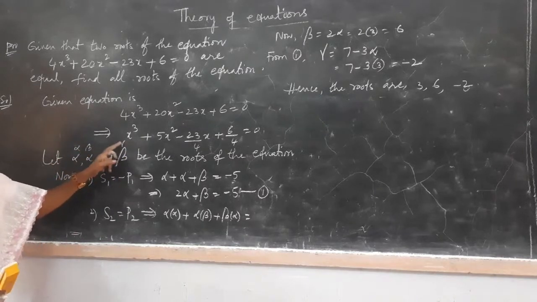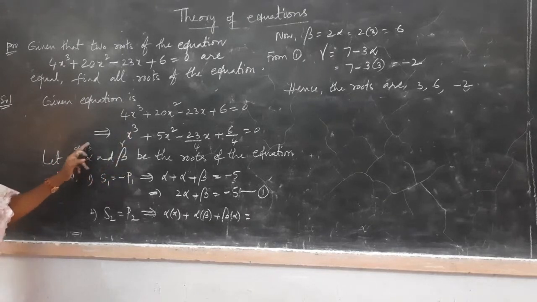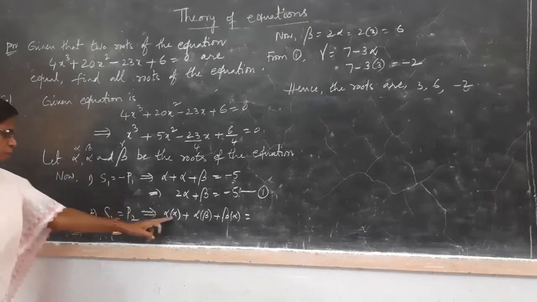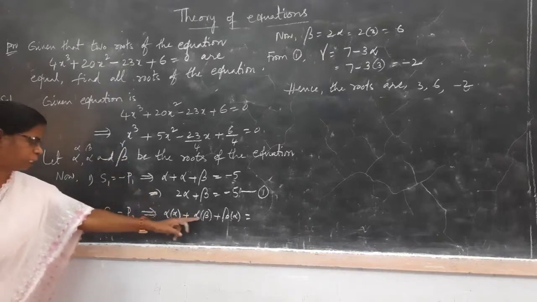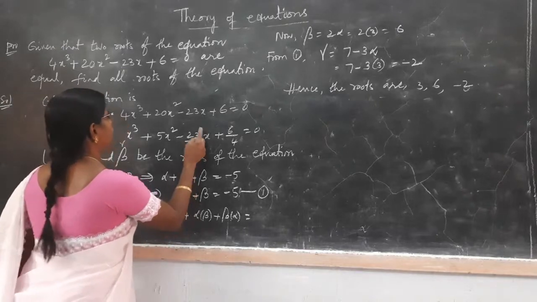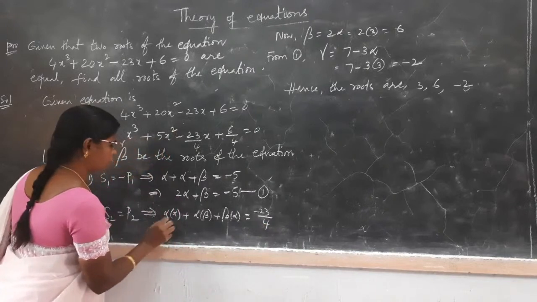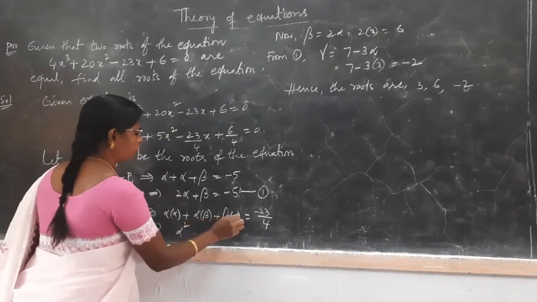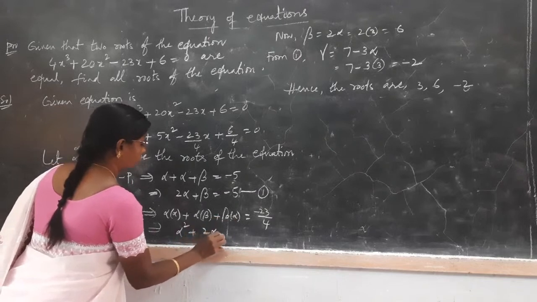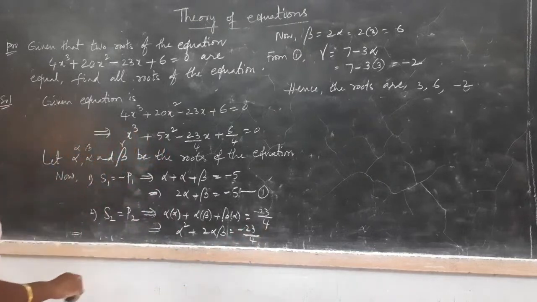Here I wrote beta also as alpha because two roots are equal. So alpha beta is alpha into alpha, beta gamma is alpha into beta, and gamma alpha is beta into alpha. Okay, very simple. S2 is equal to our P2, which is minus 23 by 4. So this implies alpha square plus alpha beta plus alpha beta, 2 alpha beta is equal to minus 23 by 4. Okay.